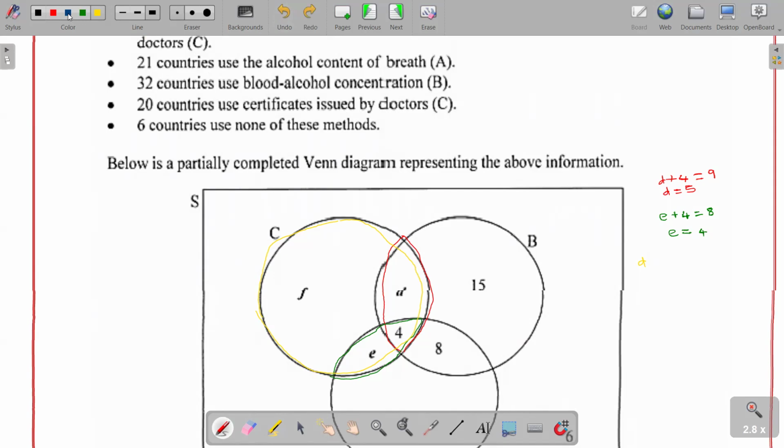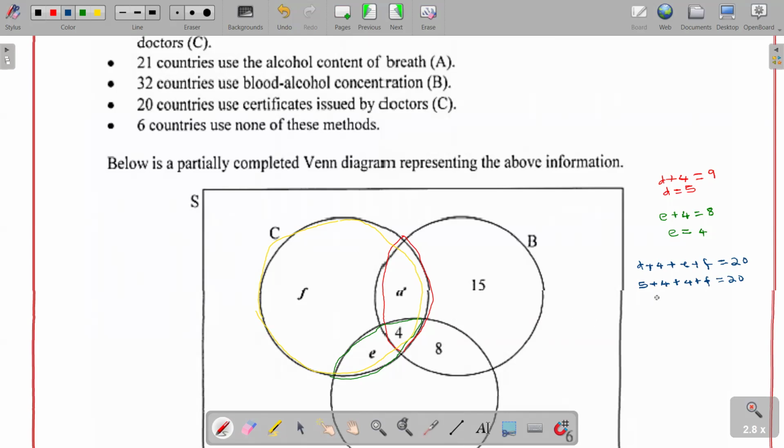D, we add everything in that circle, plus 4 plus E plus F must be equal to 20 because we are told that 20 use C. But D we already know is 5, plus 4, plus E we already know is 4, plus F must be equal to 20.